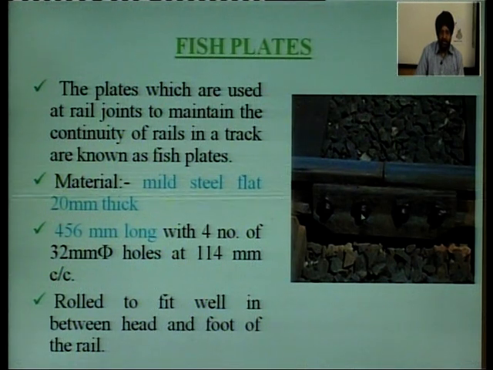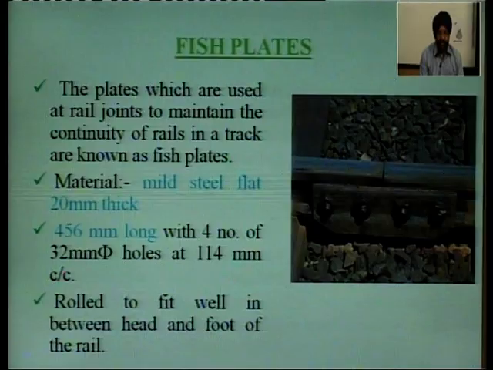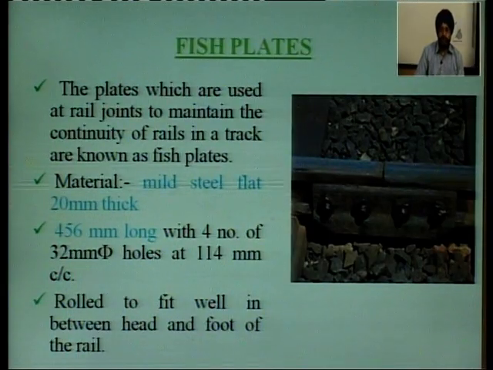So, a 20 mm thick flat with 456 mm length, having 4 holes of 32 mm with a center to center distance of 114 mm. And moreover, these are rolled to fit well in between the head and foot of the rail.